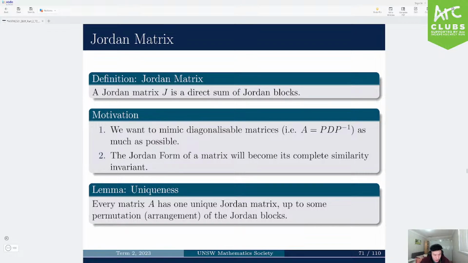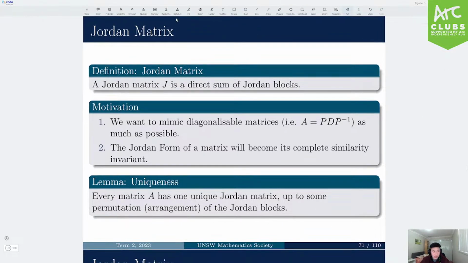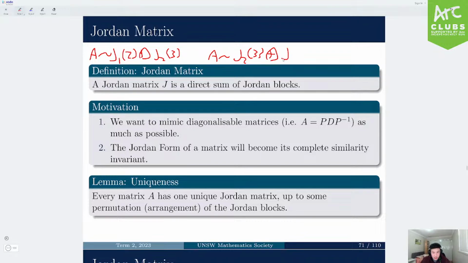And a quick lemma: every matrix A has one and only one Jordan matrix up to some permutation of Jordan blocks. What this means is that if we have a Jordan matrix, let's say J1 of 2 direct sum with J2 of 3, and let's say our A is similar to this matrix here, we can also say A is similar to this second Jordan matrix, J2 of 3 direct sum with J1 of 2.